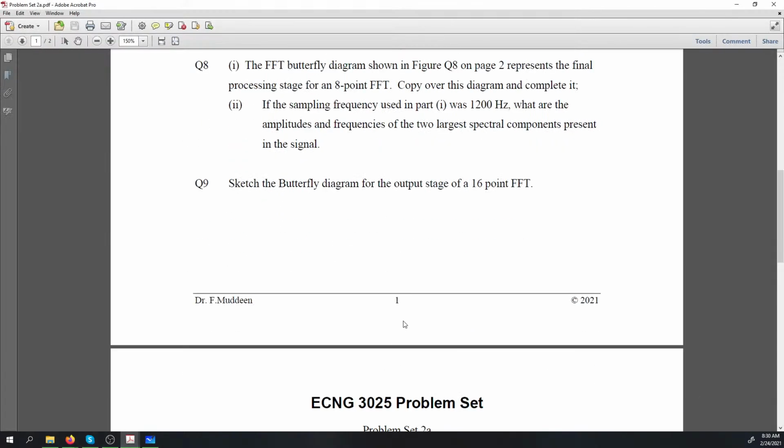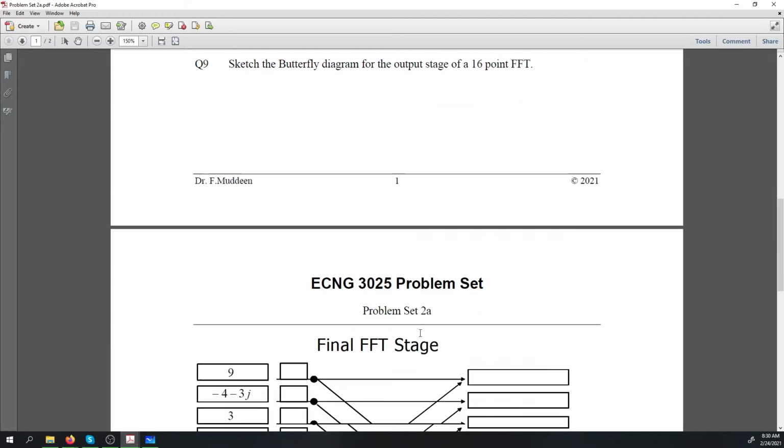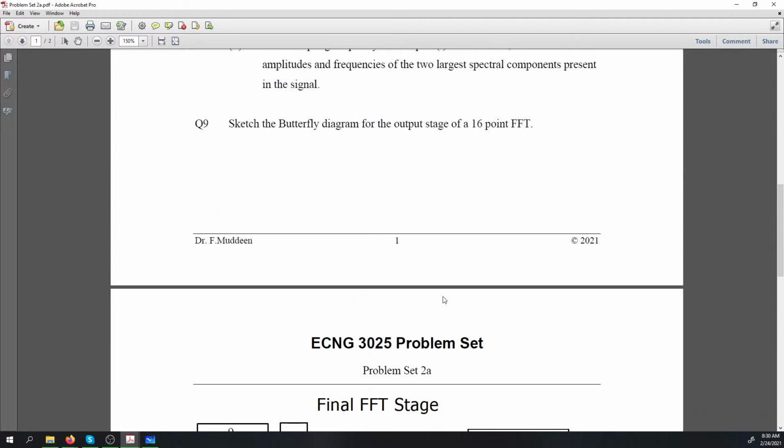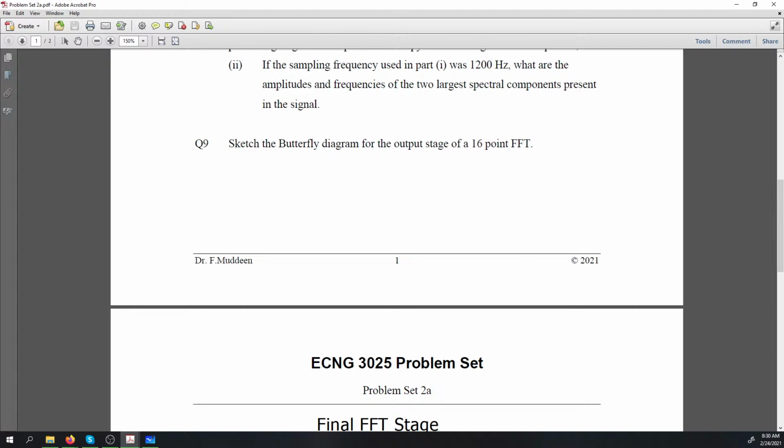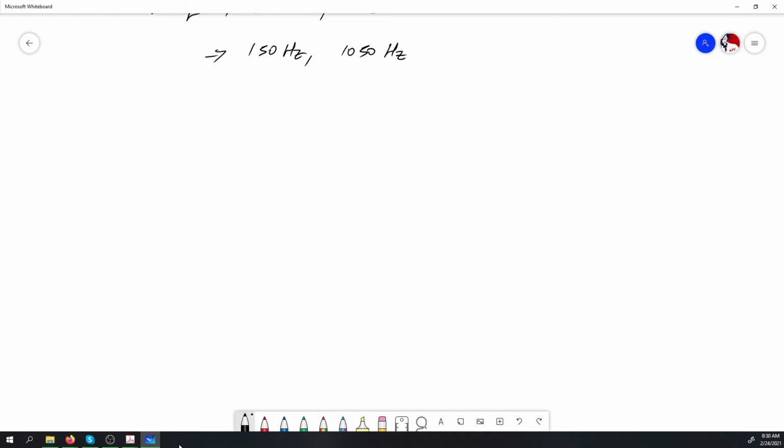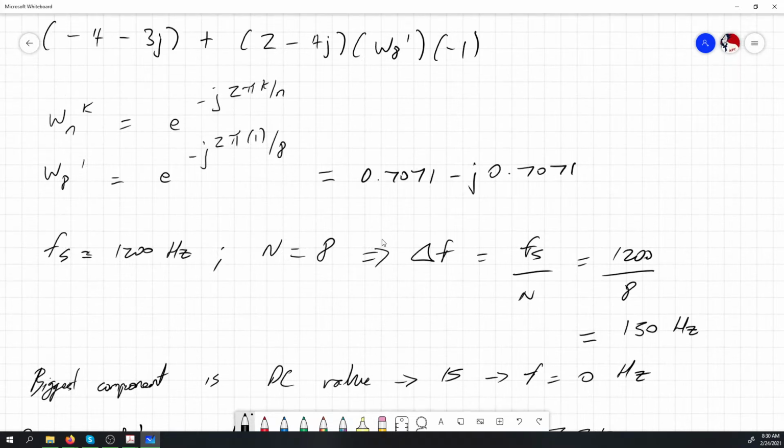That was question 9. Sketch the butterfly diagram for the output stage of the 16-point FFT. Oh, okay, so this one is pretty straightforward. I'm going to do the sketch for you guys. See how easy it is actually to sketch this out. I'm just backtracking here a little bit because I need to label my question.